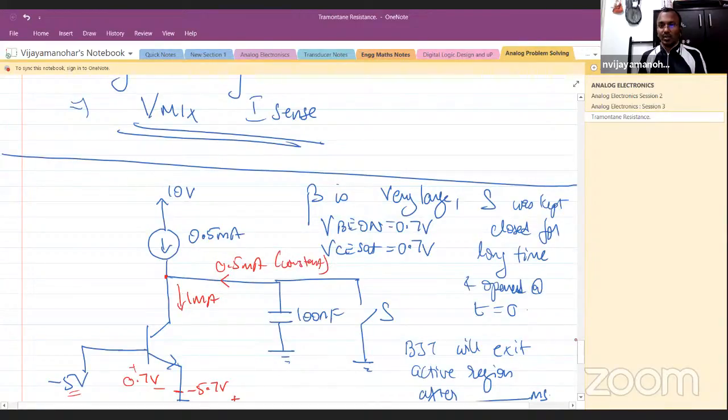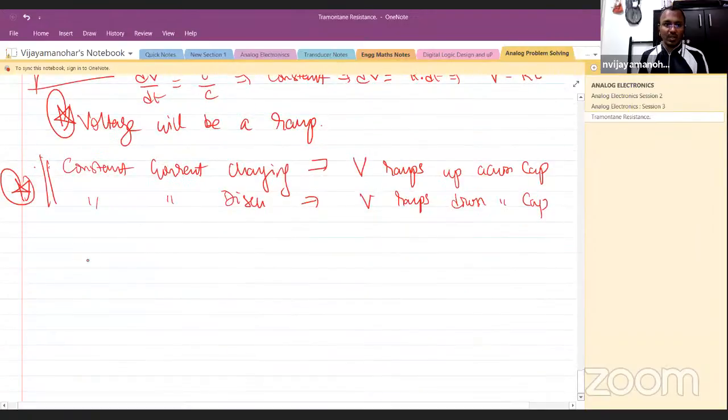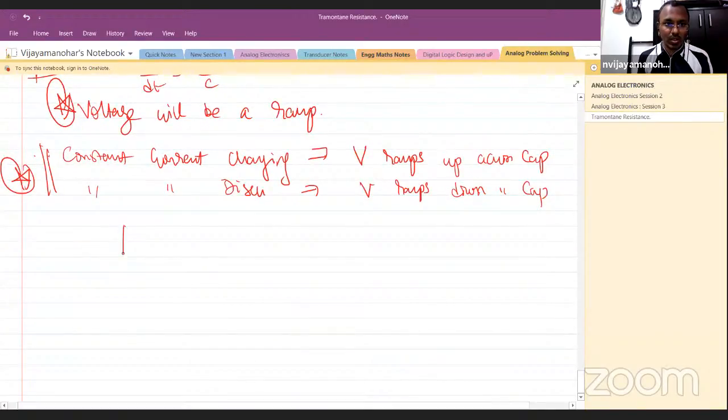So now let us look at this. It will be just one more minute, we will be done. Let's quickly look at this. When switch S is closed, it is 0.5 milliampere.